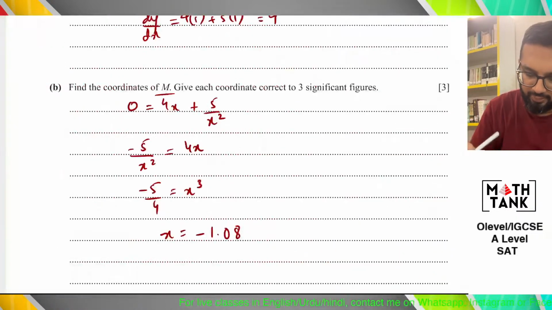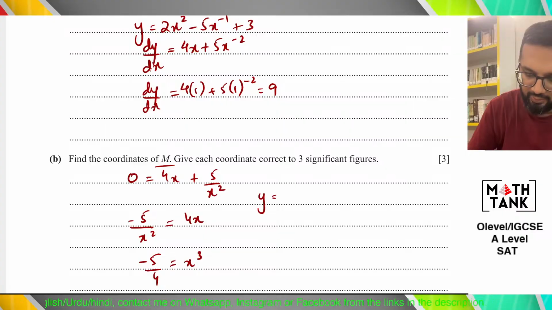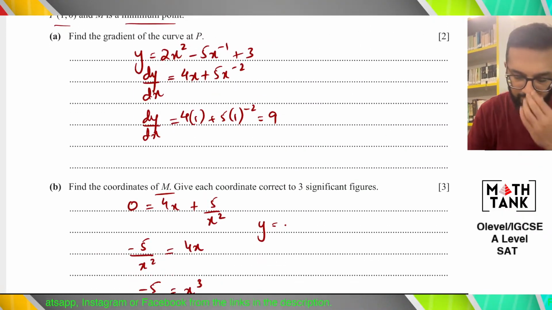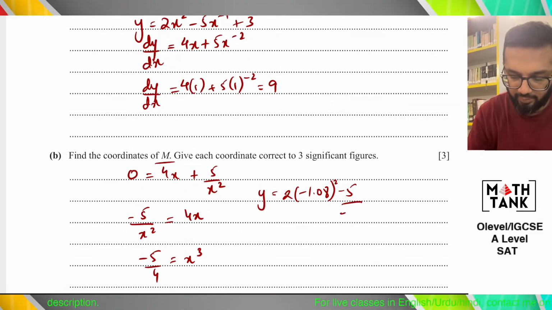Yep, that is correct. It says coordinates, so I also have to find the y coordinate. The y coordinate is basically 2 times minus 1.08 squared minus 8 plus.